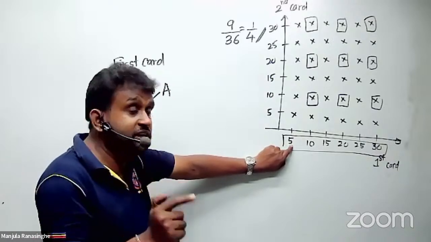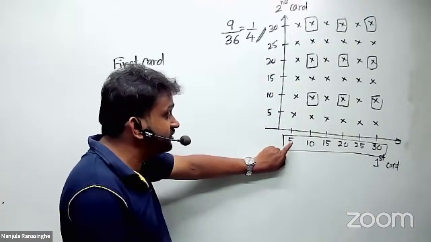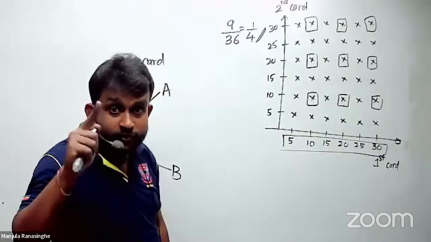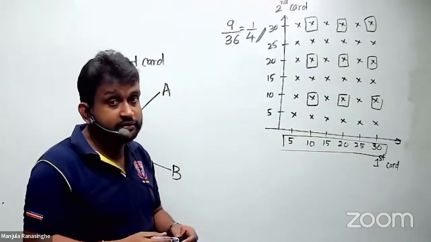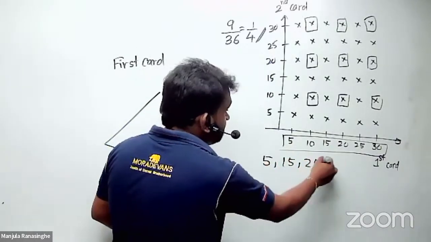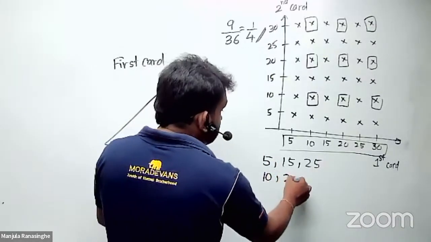But the word only is there. So what are the only 5 multiples out of these 6 cards? 5, 15, 25. These are the only multiples of 5. Only the multiples of 10 means 10, 20, 30.